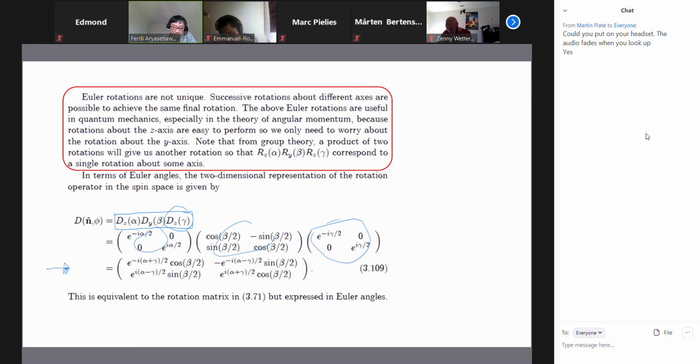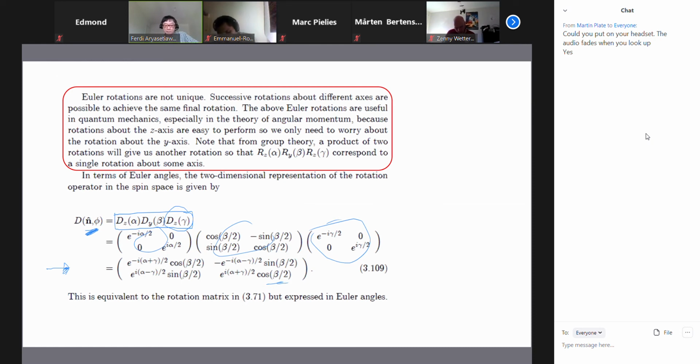These Euler angles, alpha, beta, and gamma, can be related to the parameters that define the direction n and the rotation angle phi. That is just a mathematical problem, but it's a well-defined equation we have here. We have 3 unknowns defining the direction and the angle phi, and we also have 3 unknowns, the angles alpha, beta, and gamma, which can be solved.